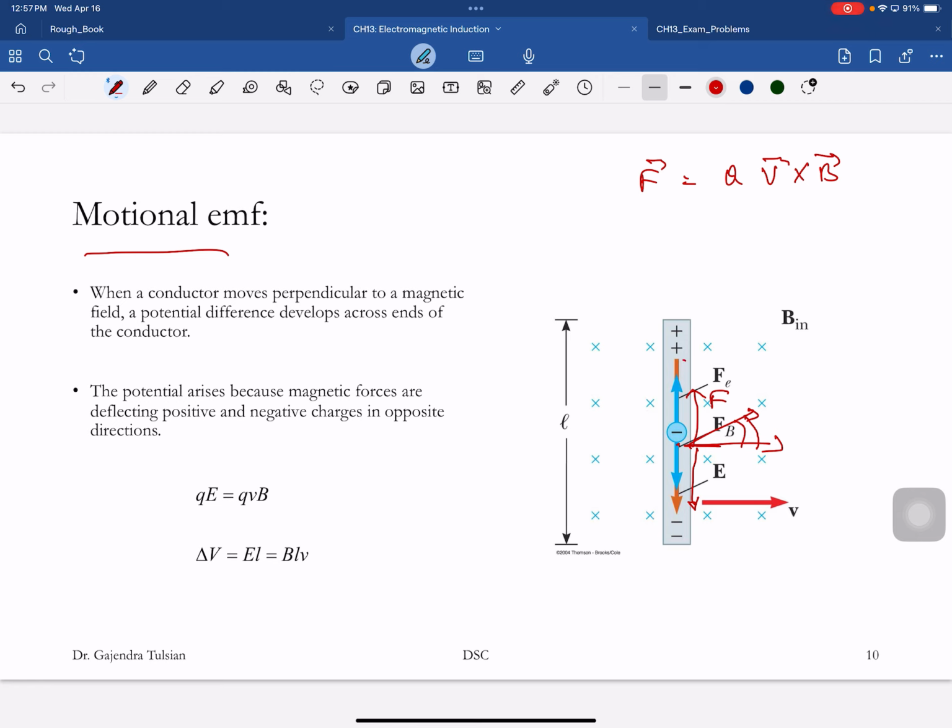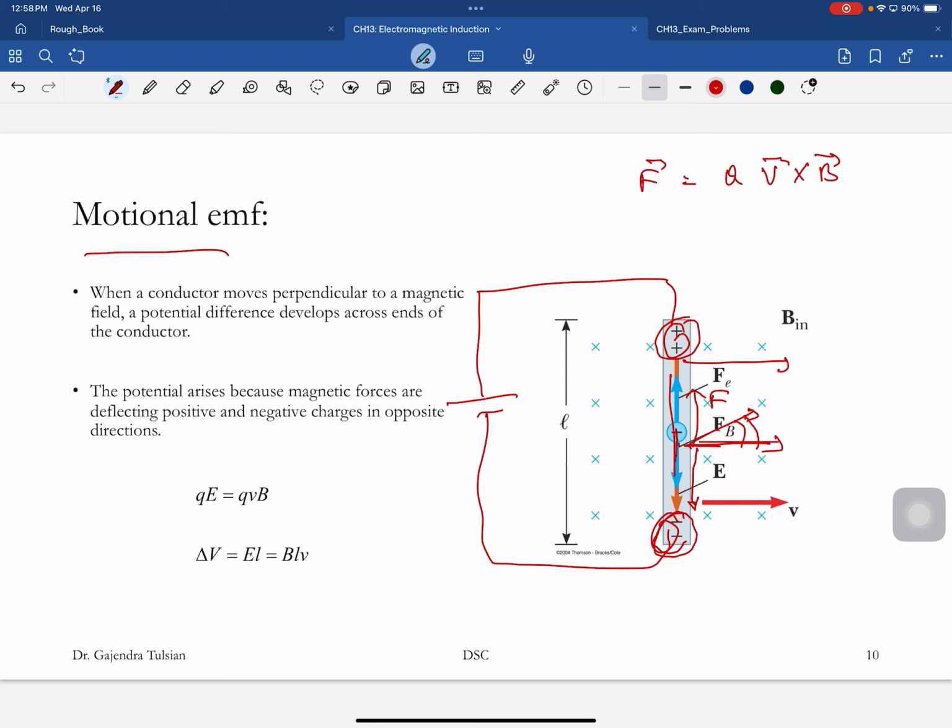Okay, so as long as you're moving this conductor, electrons feel a force in this direction, and a bunch of electrons will collect here, and this end will become positive. So what is happening? As long as you're moving, this guy has become a battery. And, well, you can attach this to your oven and warm your pizza or cook your pizza.